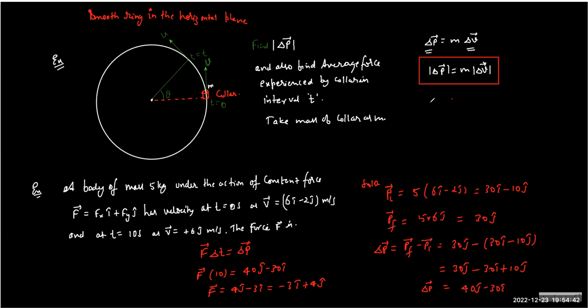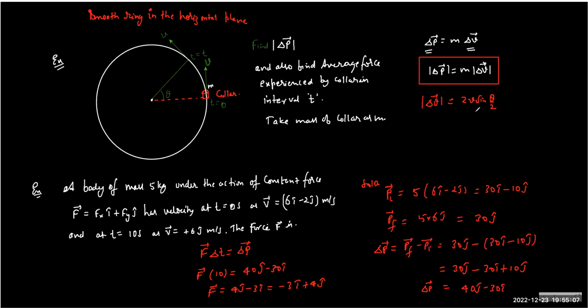For the first question, the delta v modulus, we got the answer 2v sine theta by 2. You can go back and check the notes, revise, and try to understand on your own. I'm not going to explain the same thing again and again. If you have tried and not understood, then I'll explain.